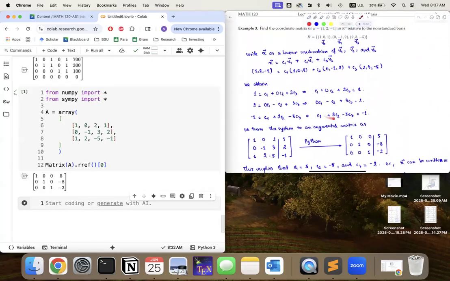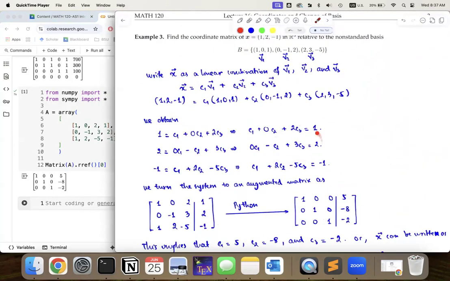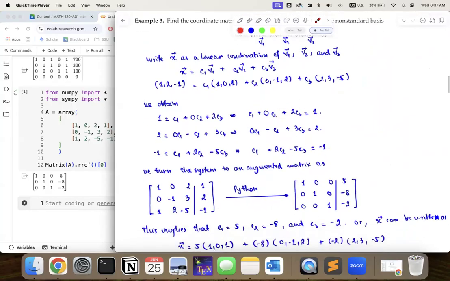You have a system of linear equations right here. What we're looking for in example 3 is the components of the coordinate matrix, right? You need to find C1, C2, and C3. As I mentioned, there are multiple ways you can do that. One way is to turn the system into an augmented matrix, run the code, and get the reduced row echelon form.